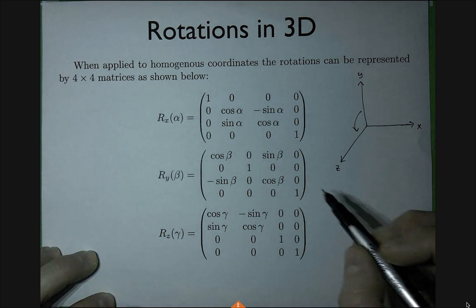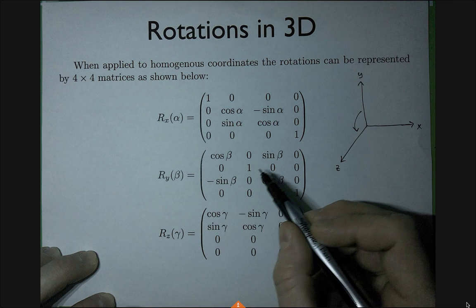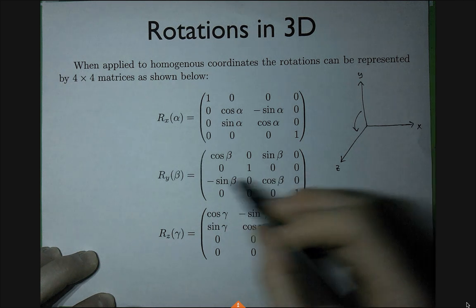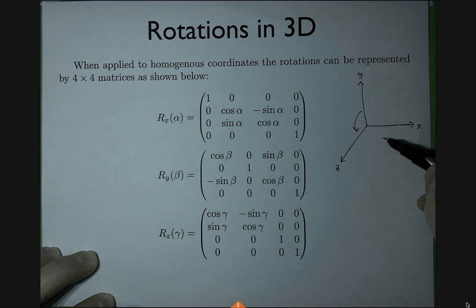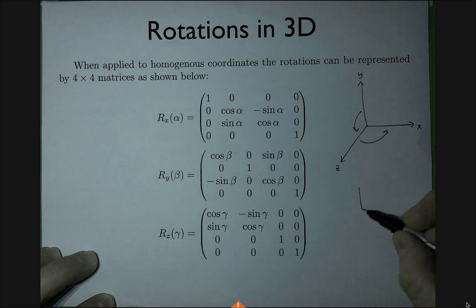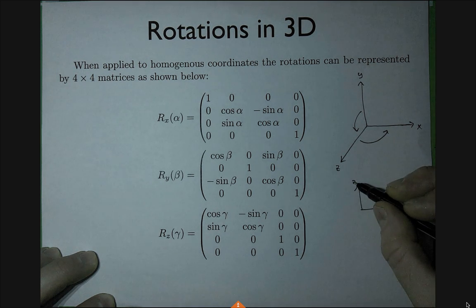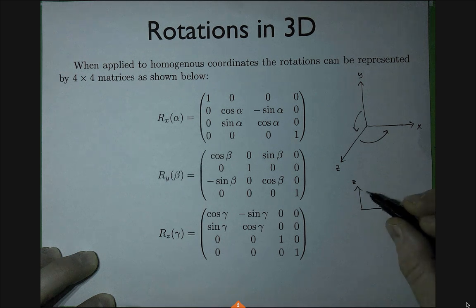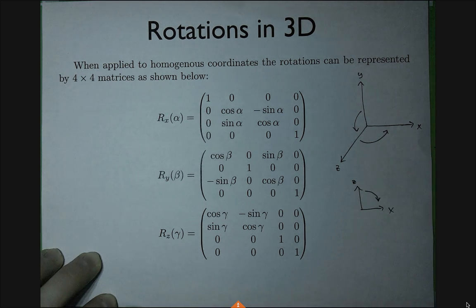So the reason why the rotation about y needs to flip is because if we are rotating about y, then the right-hand convention dictates that z needs to rotate onto x, right? Which means that if I look at it from a 2D perspective, if I have the x and z axes, I actually have to do a clockwise rotation.